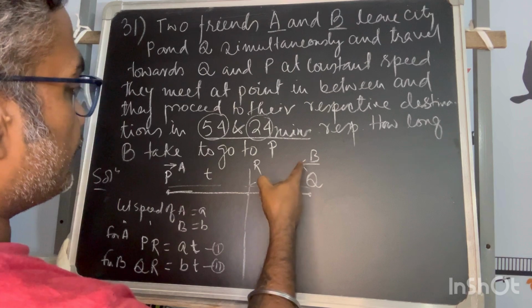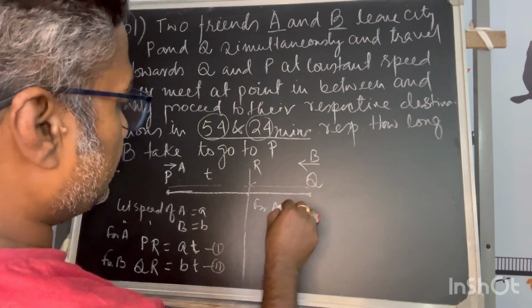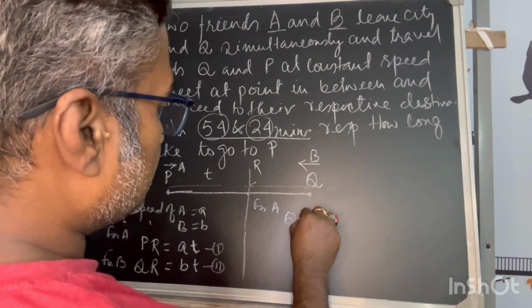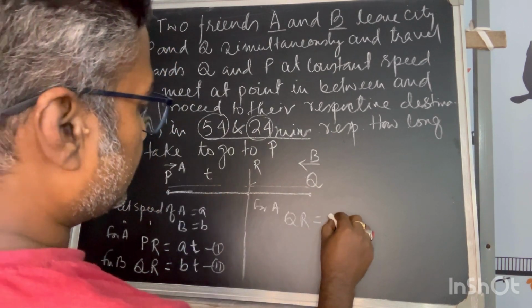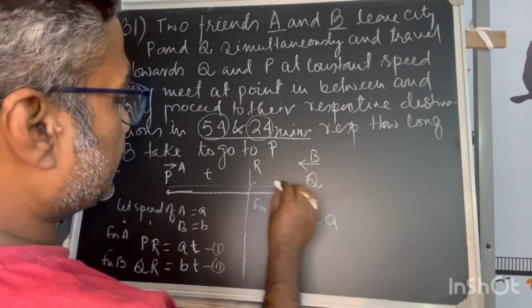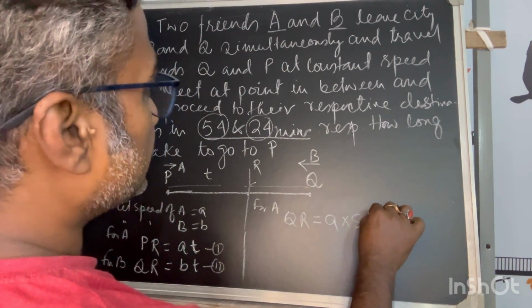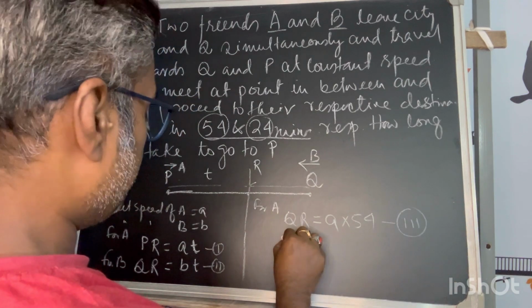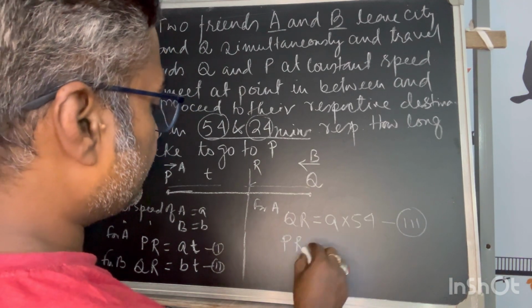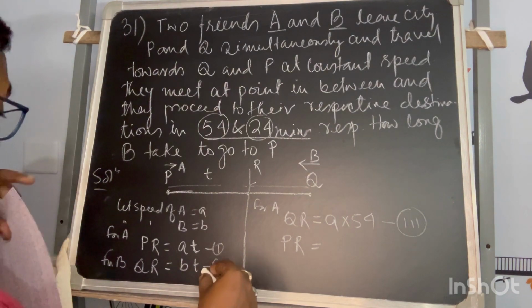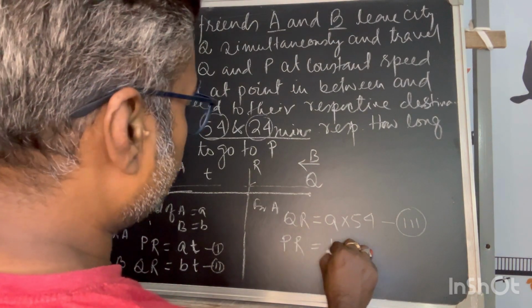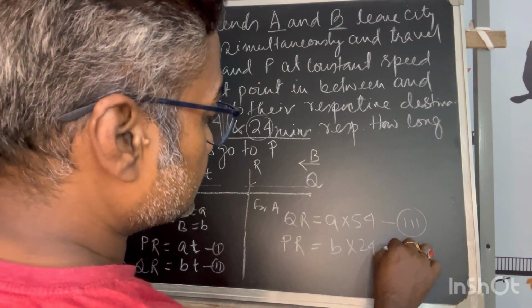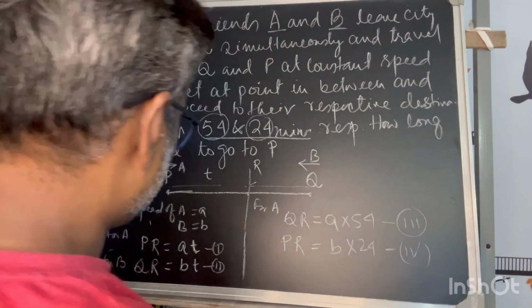So again for A, for the second part of the journey, QR, A is traveling. So A's speed is A, and the time is 54, because A is taking 54. This is your third equation, and PR is equal to what? It will be the speed of B, because B is covering this distance now, into 24. This will be your fourth equation.